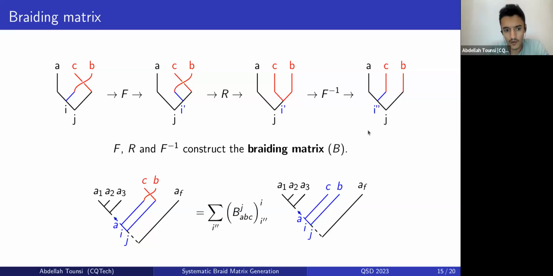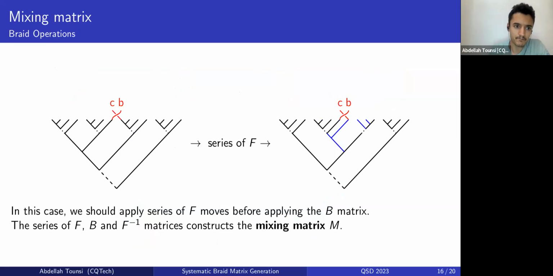is beneficial because we can apply it to more general cases like what we see here at the bottom. So the topology allows us to implement the braiding matrix in this case because they have the same topology.